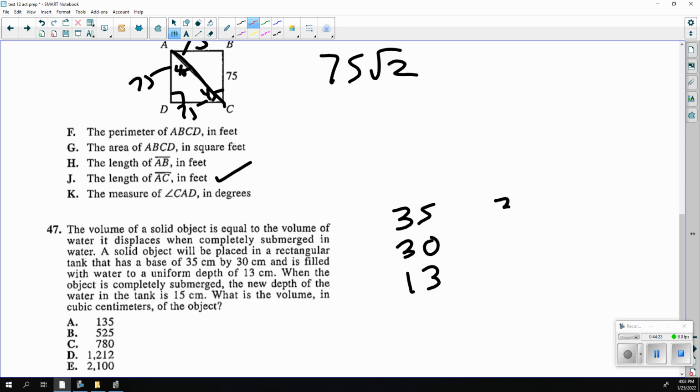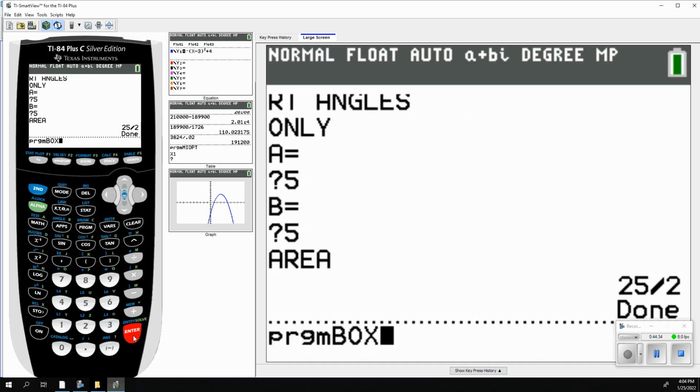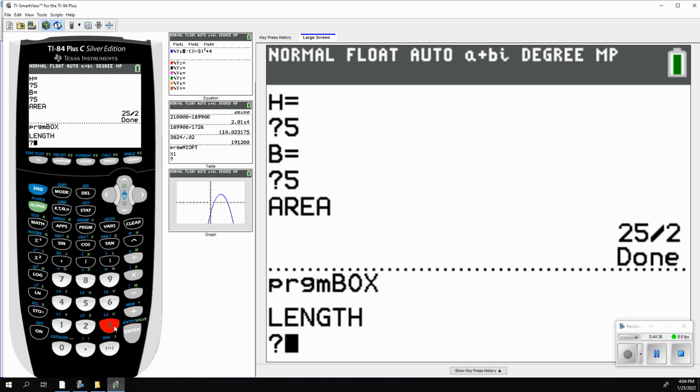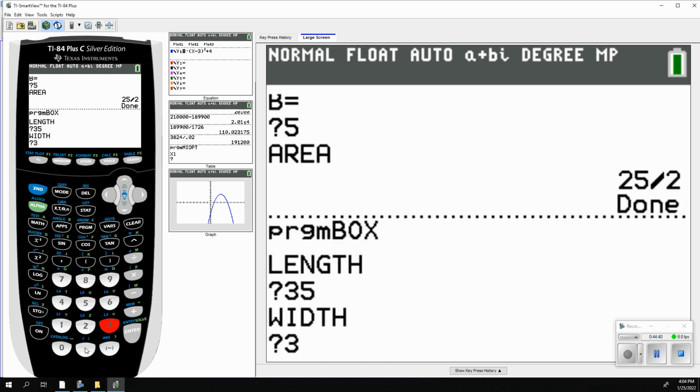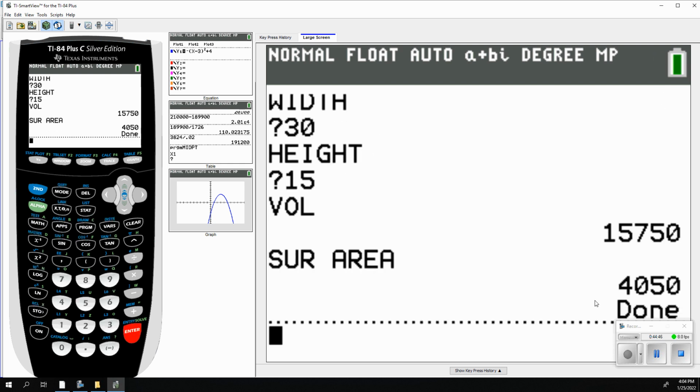So now you just do these two boxes and subtract them. The larger box, 35, 30, 15, has a volume of what? 15,750.